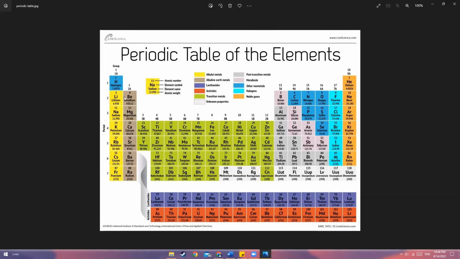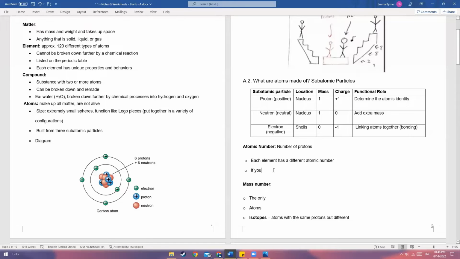Right, so hydrogen, what differentiates hydrogen from helium is the atomic number. So we start out with 1, jumping over helium to 2, lithium has 3, beryllium 4, and so on. So once again, just to really hit this point home, if you change the number of protons, you change the atom's identity.